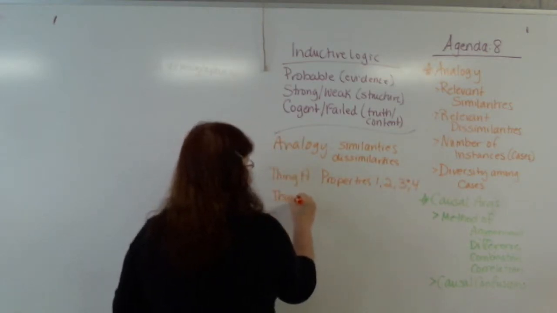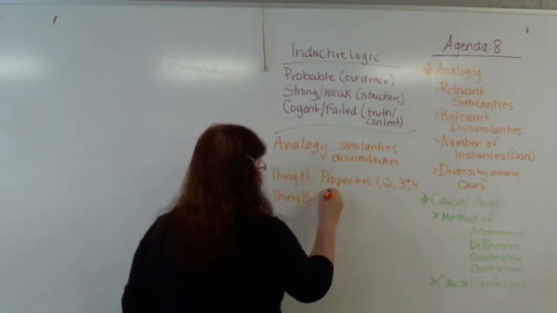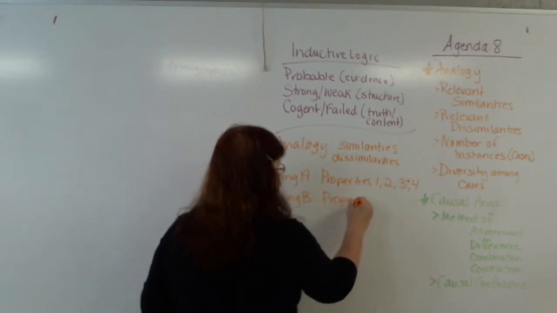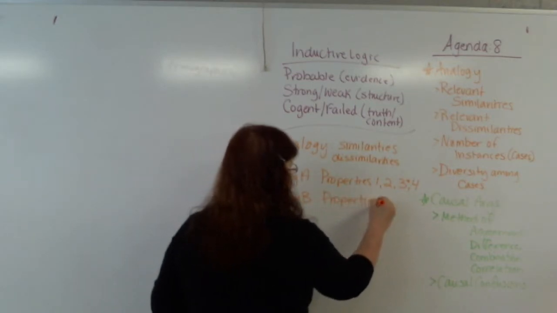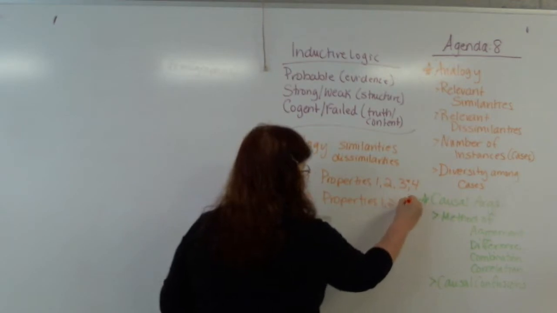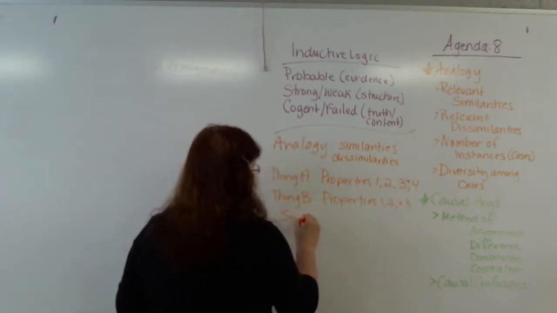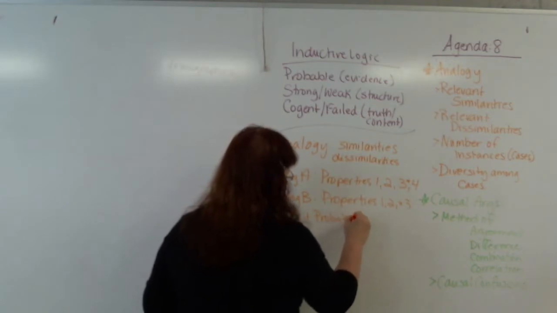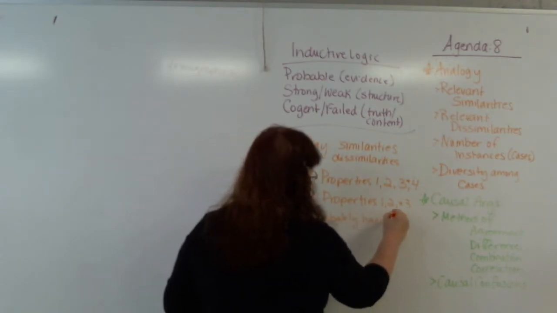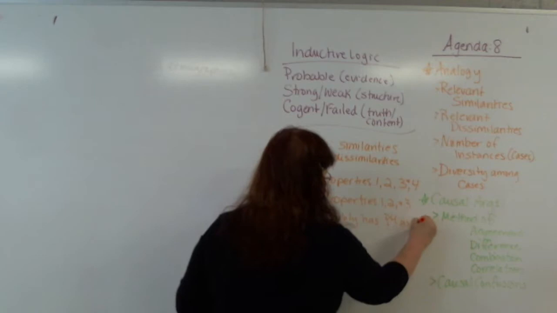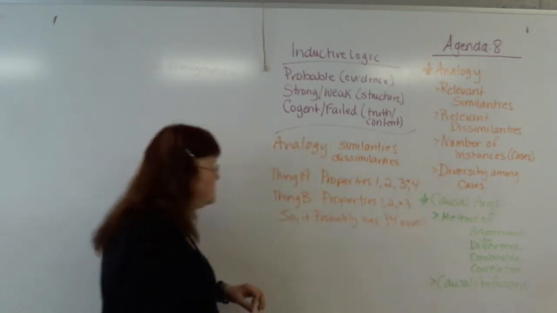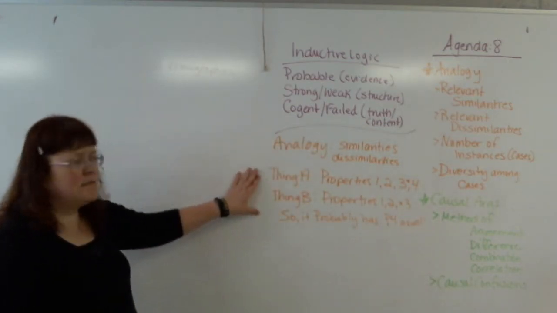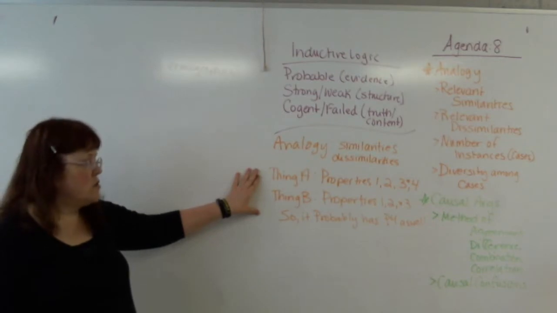Now, thing B has properties 1, 2, and 3. So it probably has P4 as well. Okay, property 4 as well. And that's my argument kind of structure.